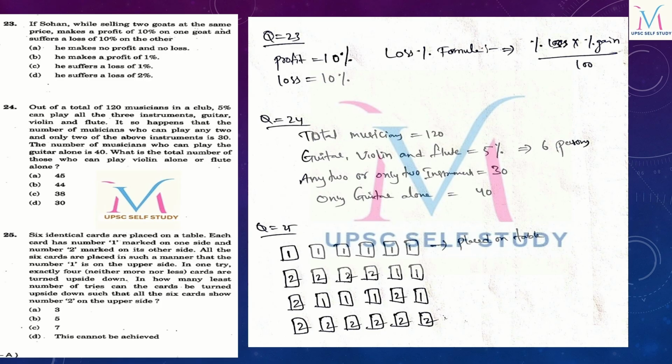So here the question is, Sohan is selling 2 goods for the same price, and for one good he is getting a profit of 10%, and on another good he is suffering a loss of 10%.